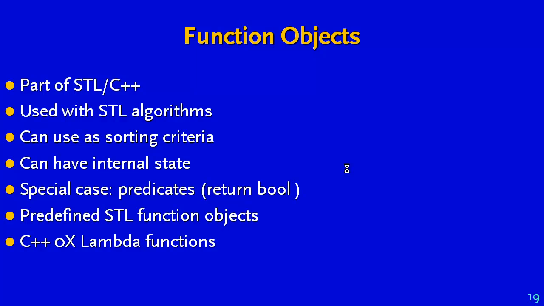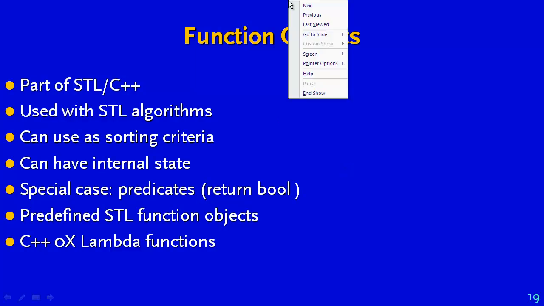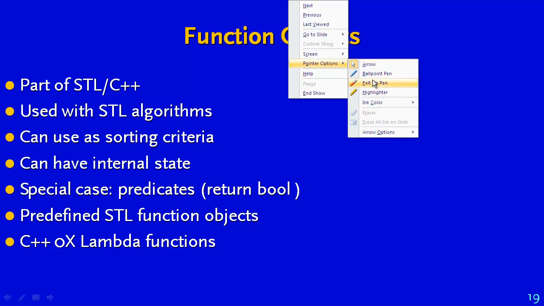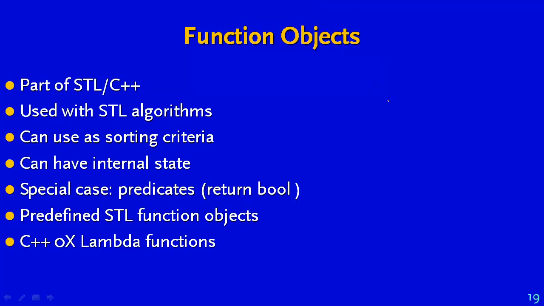Okay, so the function objects, you'll see some examples in a moment, and we've talked about it already. The function objects are like function pointers, but they are classes, so they actually have state.